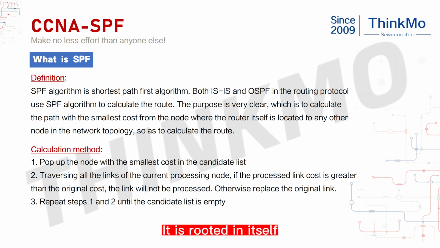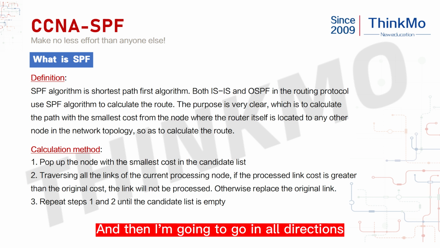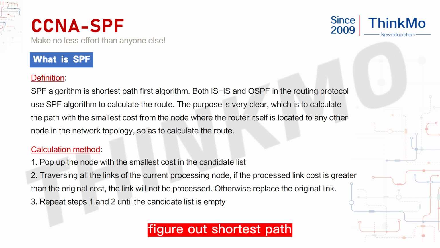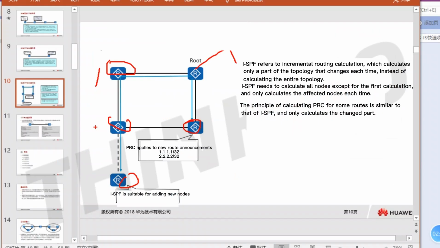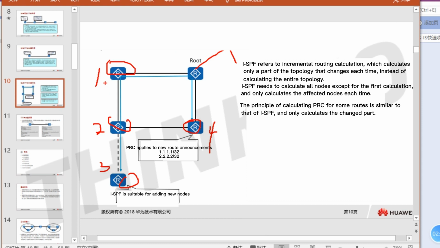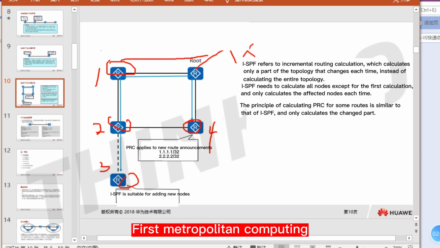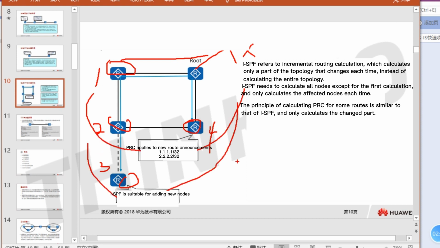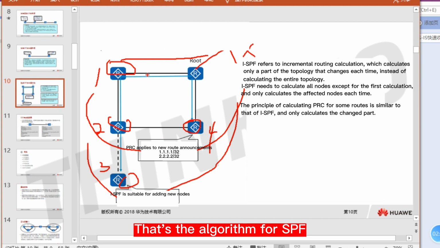It is rooted in itself, and then goes in all directions to figure out the shortest path. Let's say this is the first one, this is the second one, this is router 3, this is router 4. First, compute the shortest path to network X. That's the algorithm for SPF.